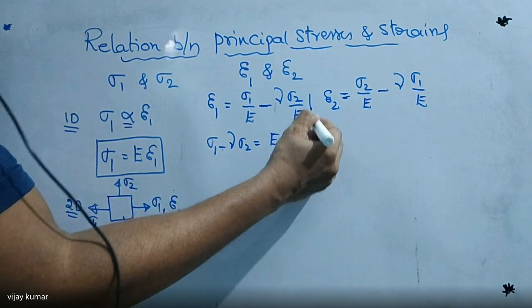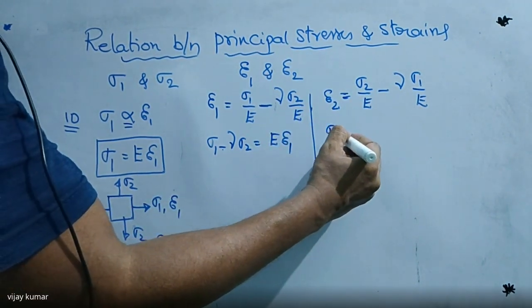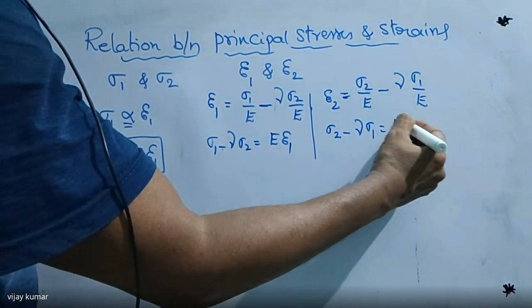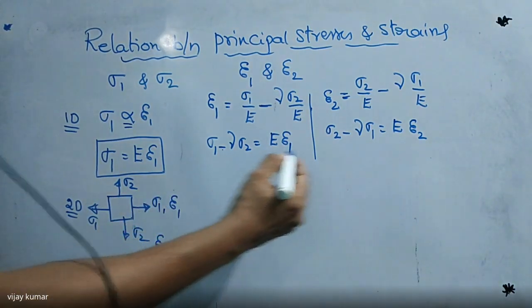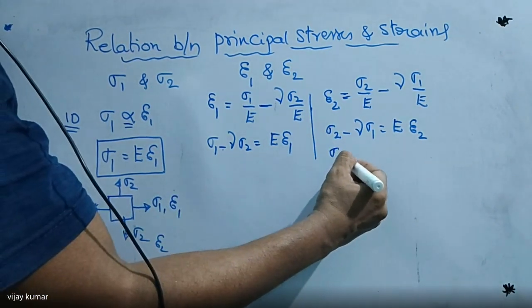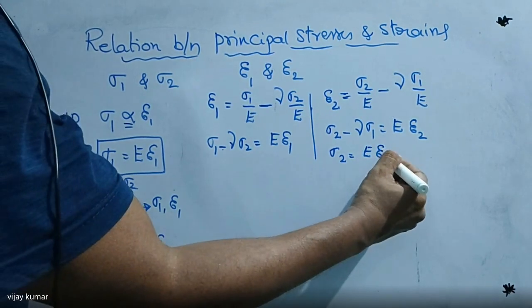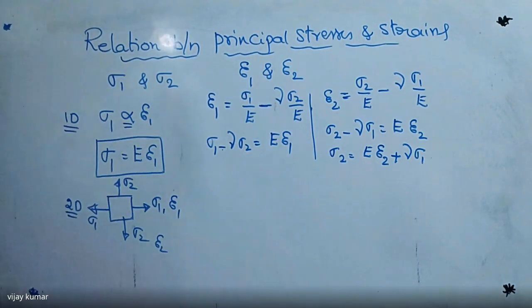Otherwise we can take it like this also from this equation. So sigma 2 minus Poisson ratio into sigma 1 is equal to E into epsilon 2. So from this one, I am writing sigma 2 is equal to E into epsilon 2 plus Poisson ratio into sigma 1.